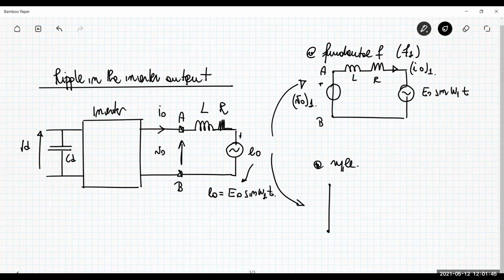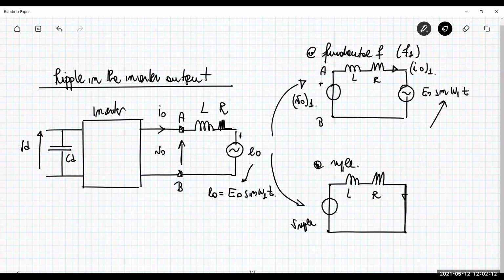Between the same nodes, I have a voltage here called V ripple, an inductance, a resistance. And what about the back EMF? The back EMF is just a sine wave at frequency F1, so it is at the fundamental component. So here you don't have anything in this circuit.